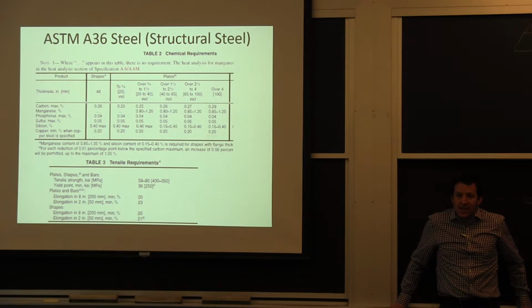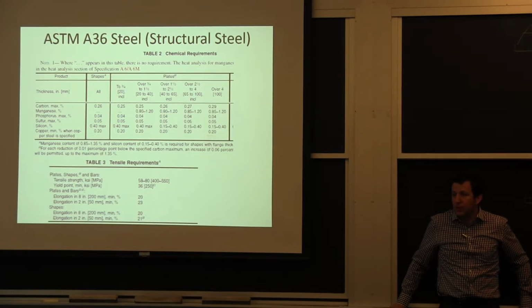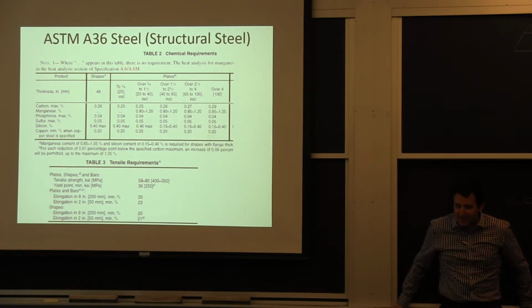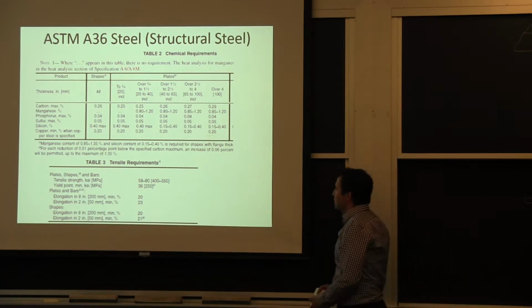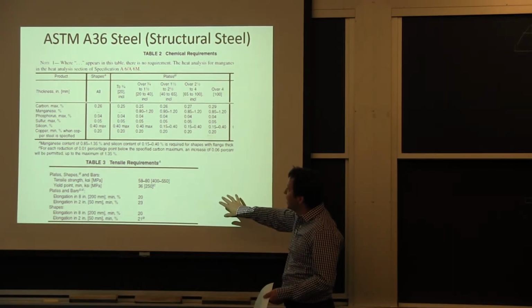So if there was any problem of picking up of hydrogen or anything during the welding process, getting some little cold crack under the surface, by ultrasonic testing, we were able to point that out after the fact. But it's useful to have the specification and history, because this was done a long time ago.